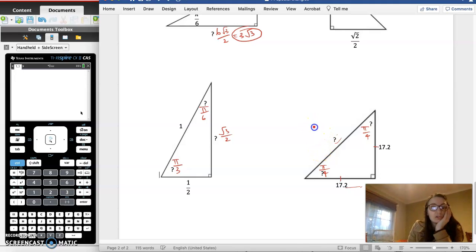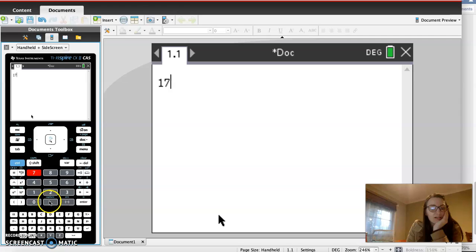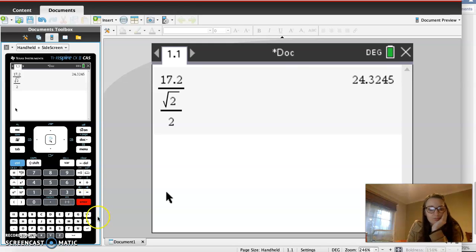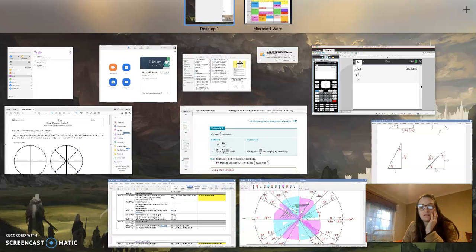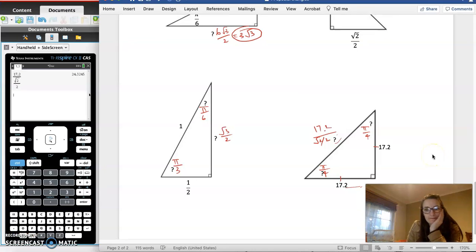It's 17.2 divided by root 2 on 2, which we're going to work out on our calculator. 17.2 divided by root 2 on 2, actually, let's just put brackets in there. So when I divide by that, we get 24.32.